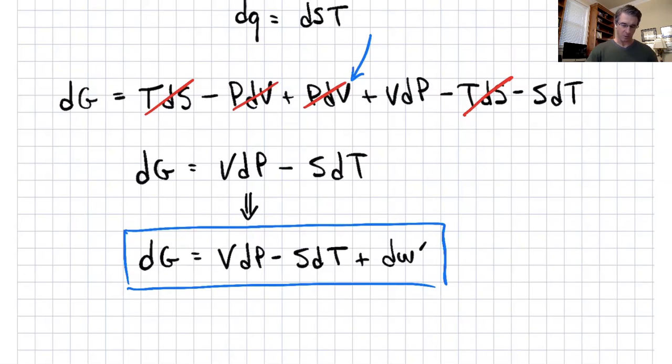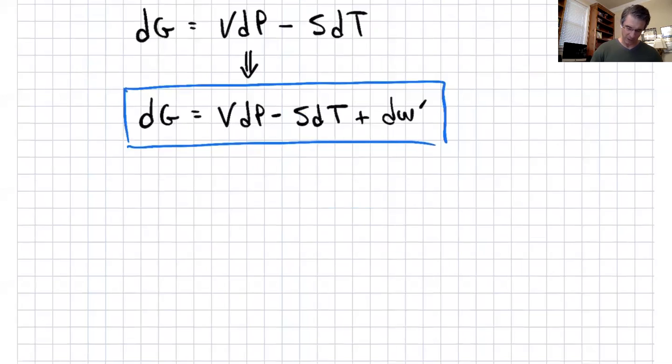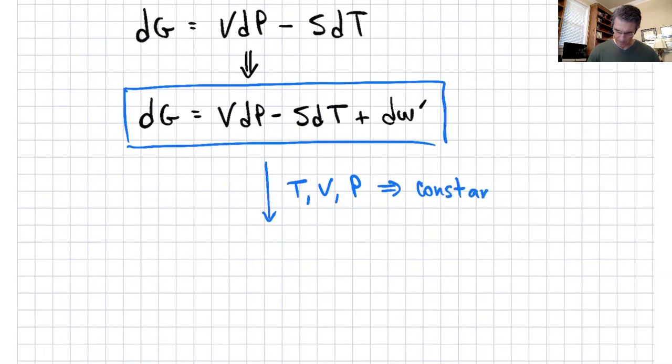For our purposes, let's make life simple. We're going to disallow some things here. Let's let the temperature be constant, and let's make sure the volume is constant. And at the same time, let's say the pressure is not going to change. We're going to clamp T, V, and P, and say those are all constant.